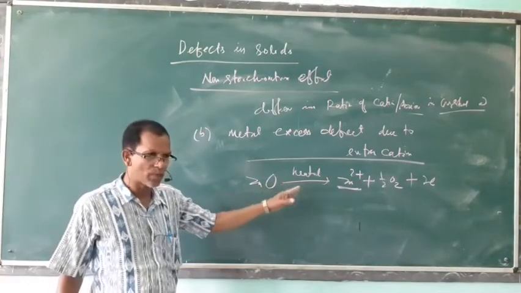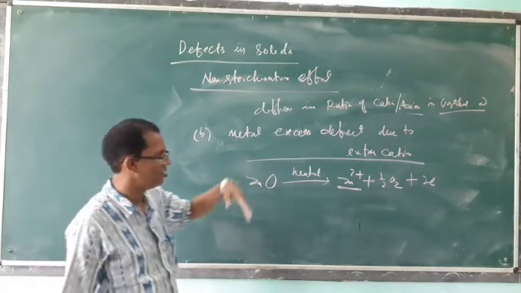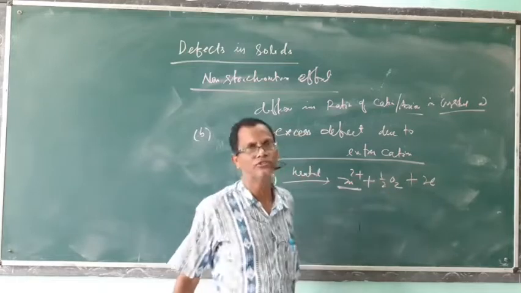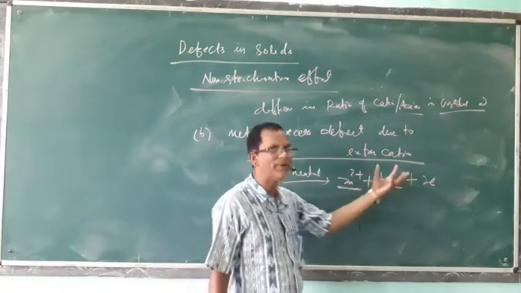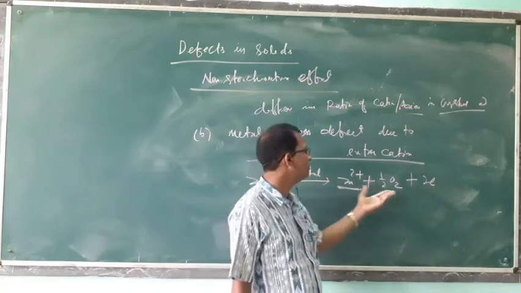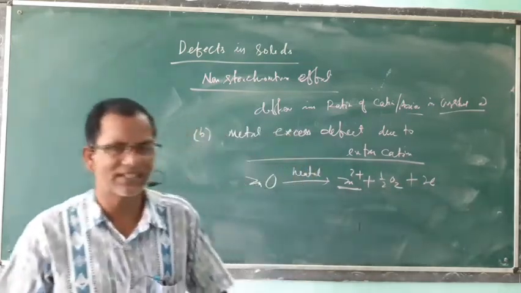When the electron is trapped in the crystal and due to heating, it shows color due to excitation.